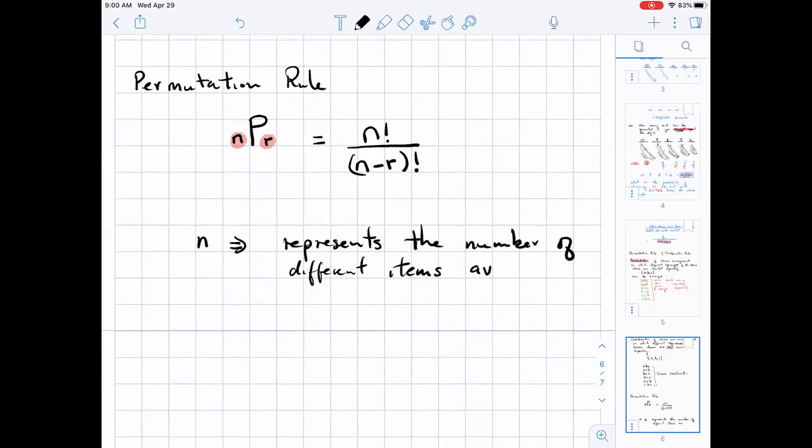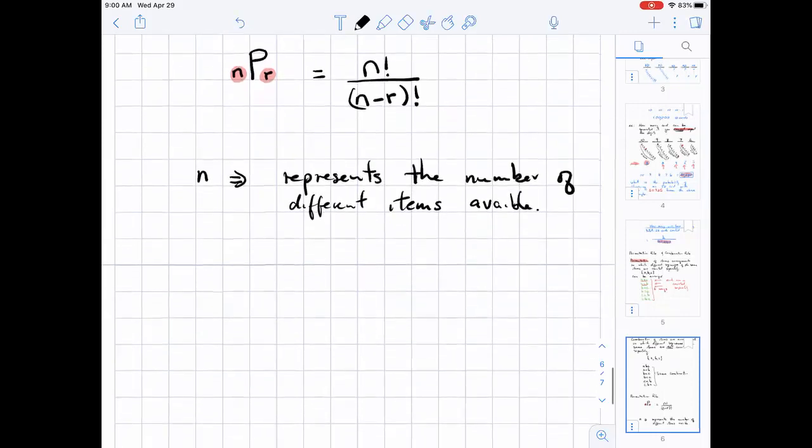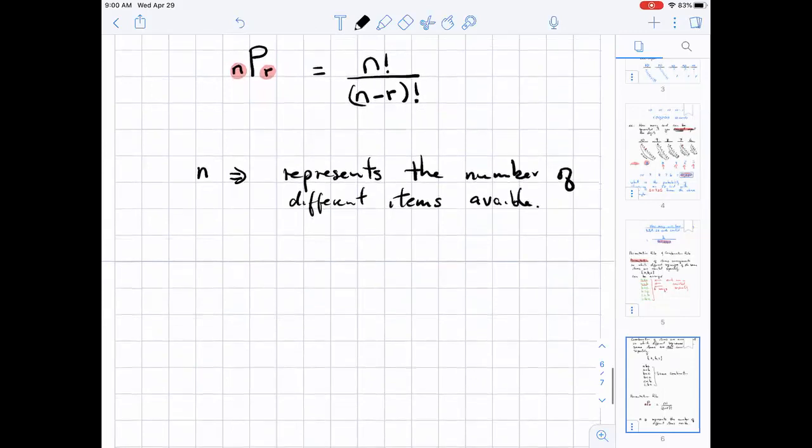We've talked about N in earlier chapters, the total.